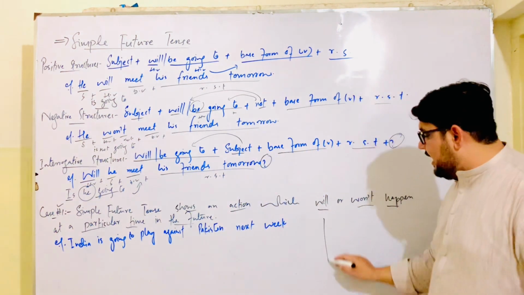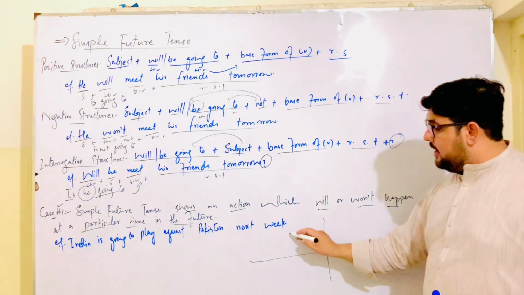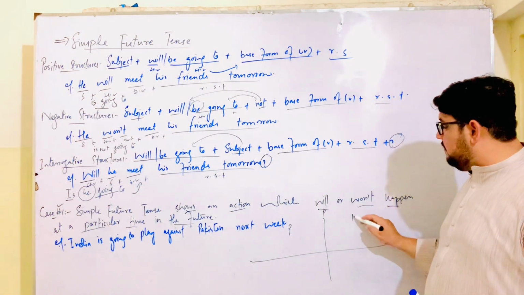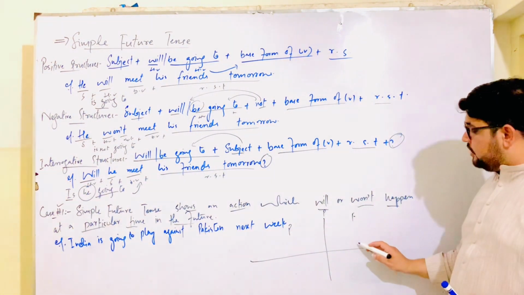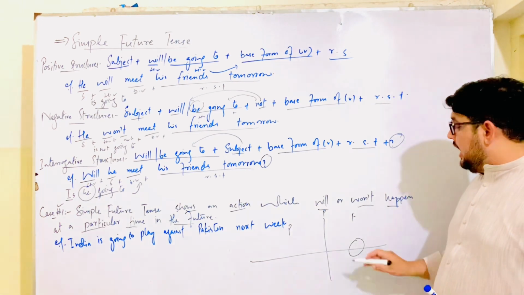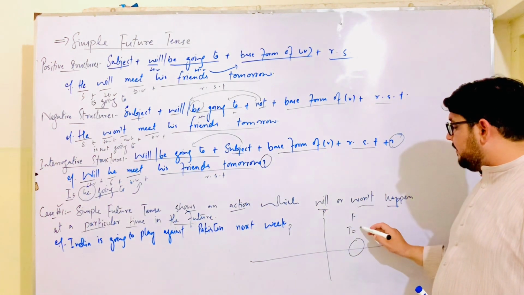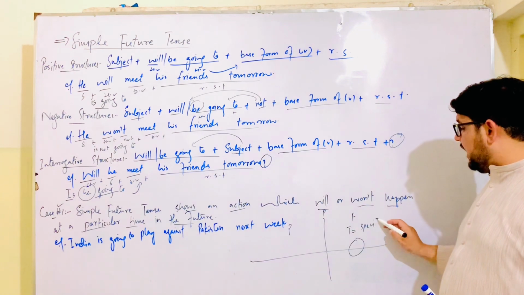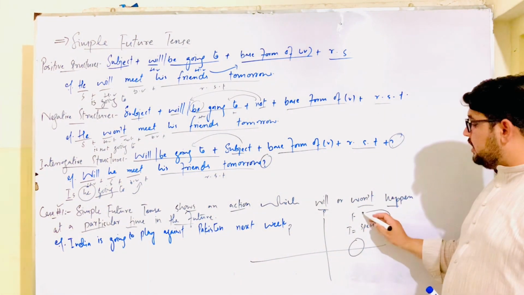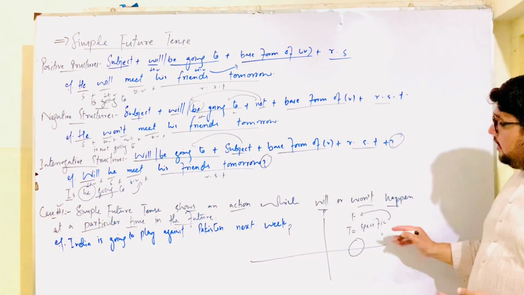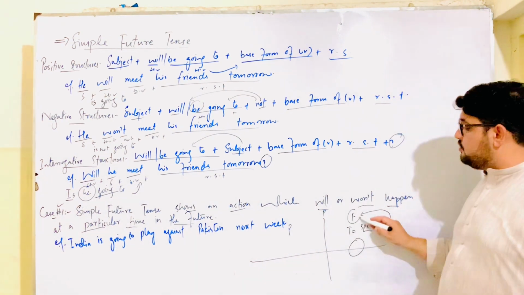Like how in the graph we can literally say that we have past time, present time, and future. So it shows an action which will or will not happen at a specific time in the future.